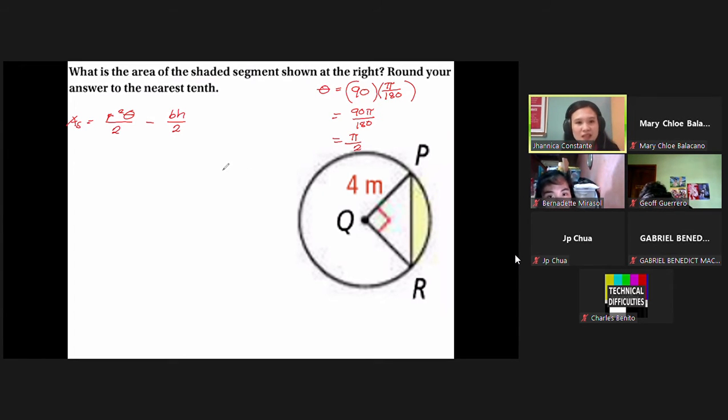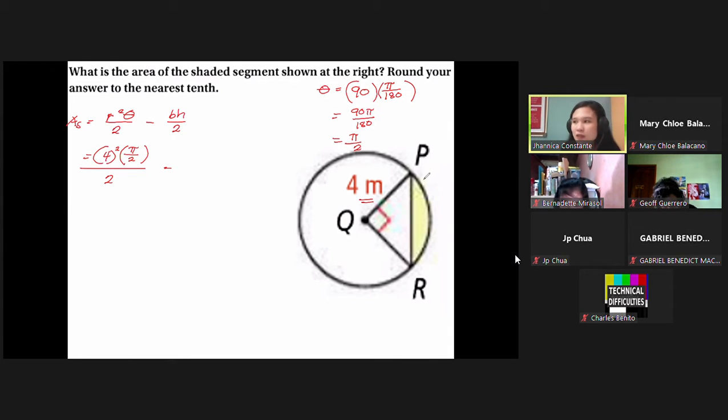So that is what we're going to use in solving for the area of our segment, since we now have the value for the angle. So let's proceed. Our radius is 4 meters. So 4 squared times the radian angle, which is pi divided by 2, over 2, minus the base and the height.